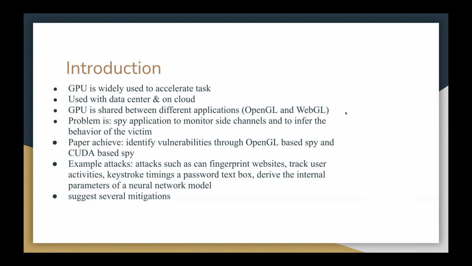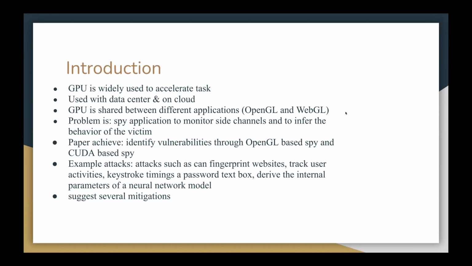I'm not sure if any of you have experience with this, but it's basically a library you can use for coding graphics-related applications. The problem the authors identified is that there can be potential spy applications that target monitoring the side channels to infer the behavior of the victims.